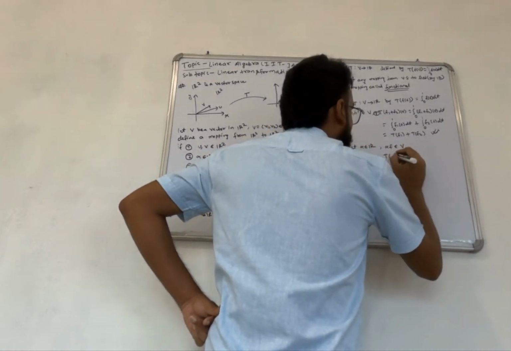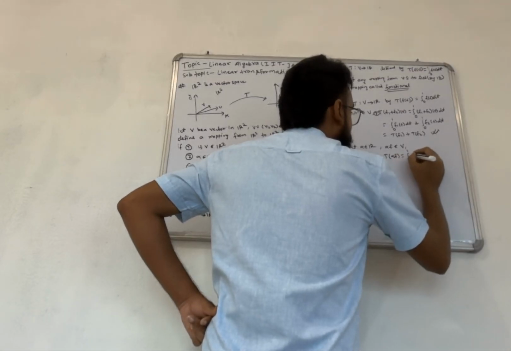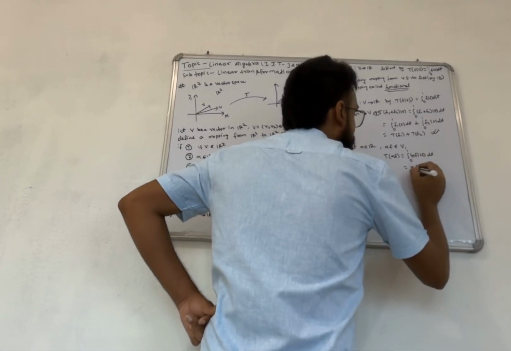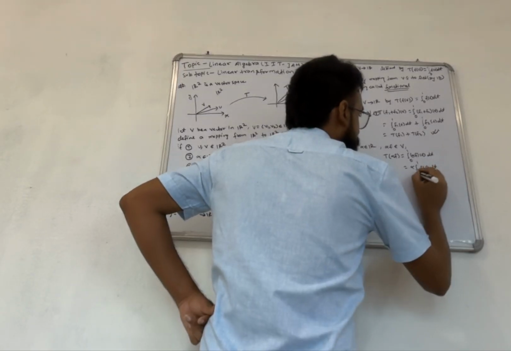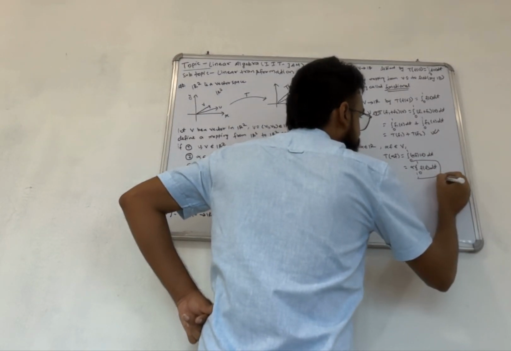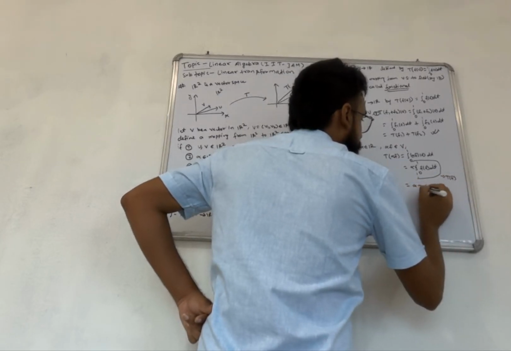So T of alpha f is equal to the integral from 0 to 1 of alpha f(t) dt, which is alpha times the integral of f(t) dt, nothing but alpha times T of f.